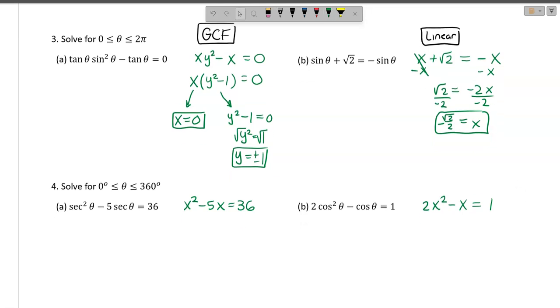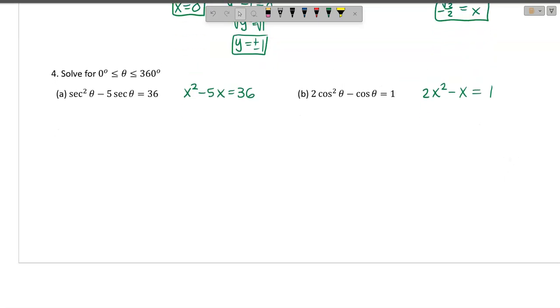Now, moving to the last two, this is going to involve factoring, quadratic trinomial factoring. We move everything to the left-hand side so that the equation is set equal to 0. I'm going to subtract the 36 to the other side, and then factor the trinomial x squared minus 5x minus 36.